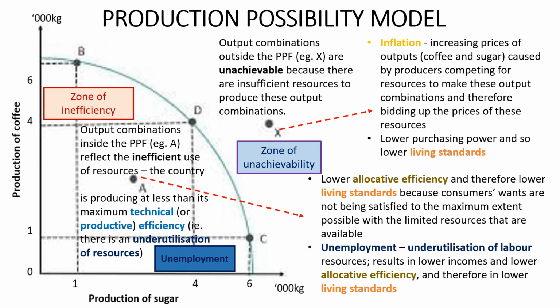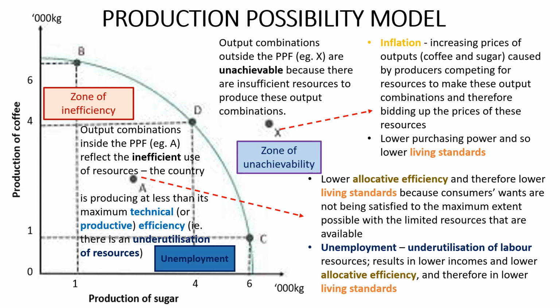However, this will mean that the coffee producers cannot produce the 4,000 kilograms of coffee, and so the coffee producers will need to pay even higher wages to attract workers from the sugar production industry to the coffee production industry. This competition will continue, which will cause wages to spiral upwards. Sugar and coffee producers will build these wage increases into the prices that they charge for sugar and coffee. This increase in prices is referred to as inflation.